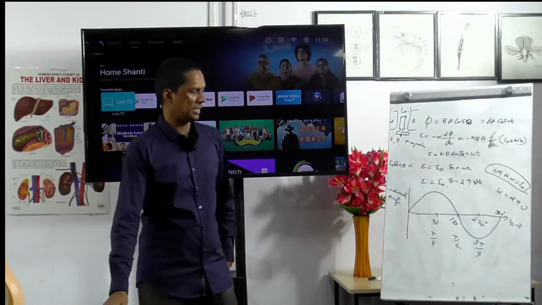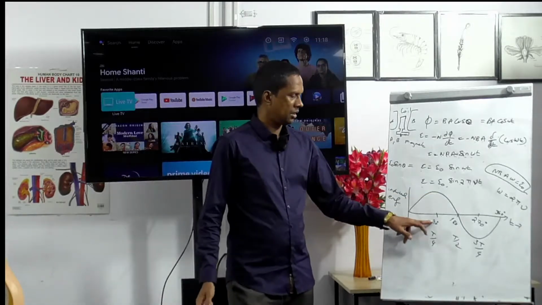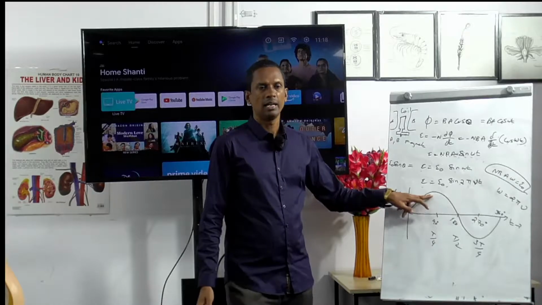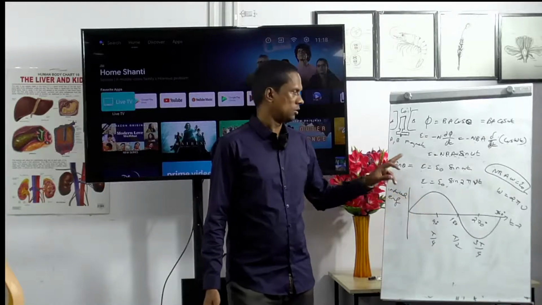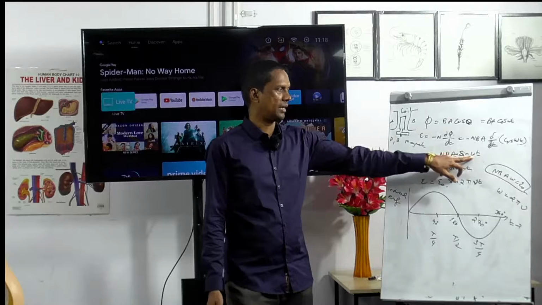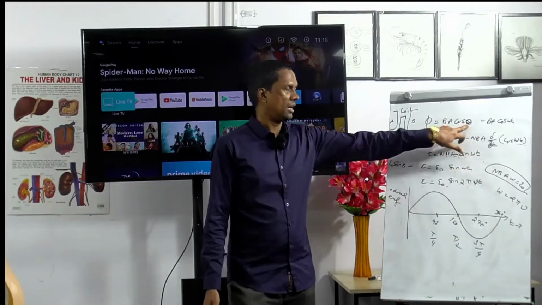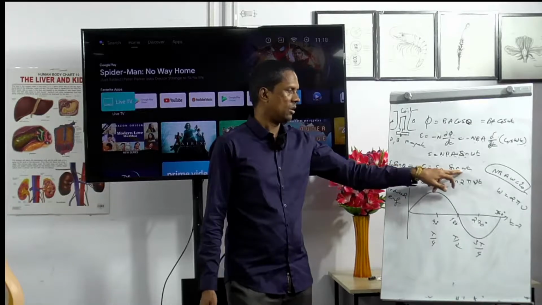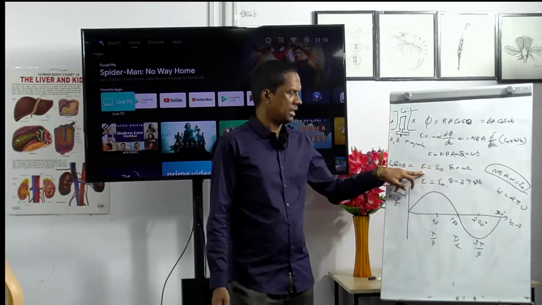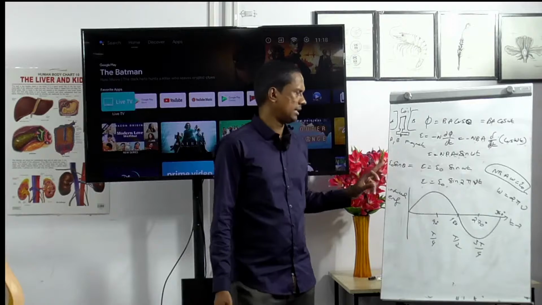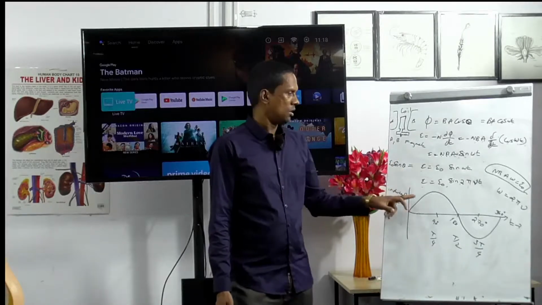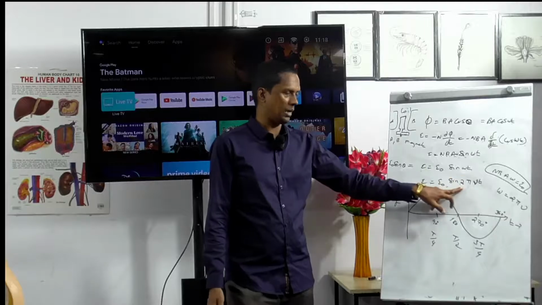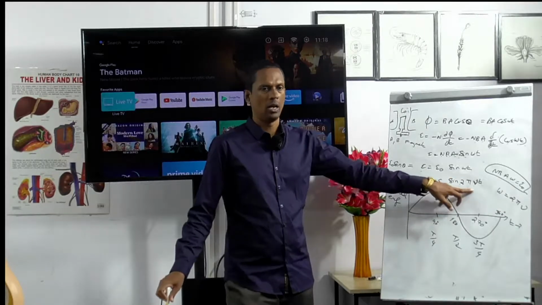So which is the maximum value here? At 90 degrees it has the maximum value. This theta is what we substitute as omega t, so we can take E equal to E0 sin omega t, or E0 sin theta, with omega replaced by 2 pi nu.